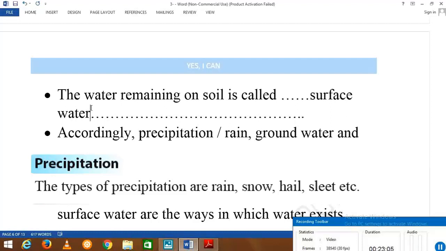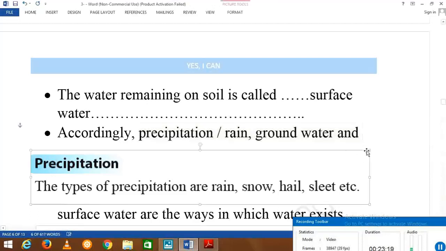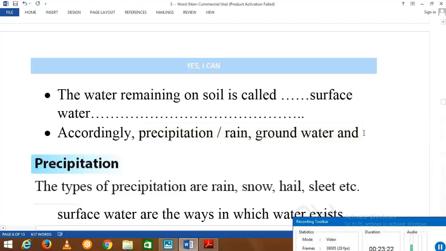Accordingly, the three types of water based on availability are precipitation or rain, groundwater, and the third one is surface water.